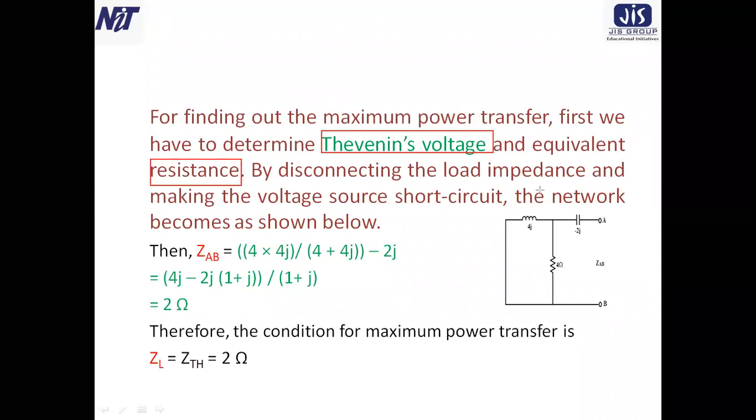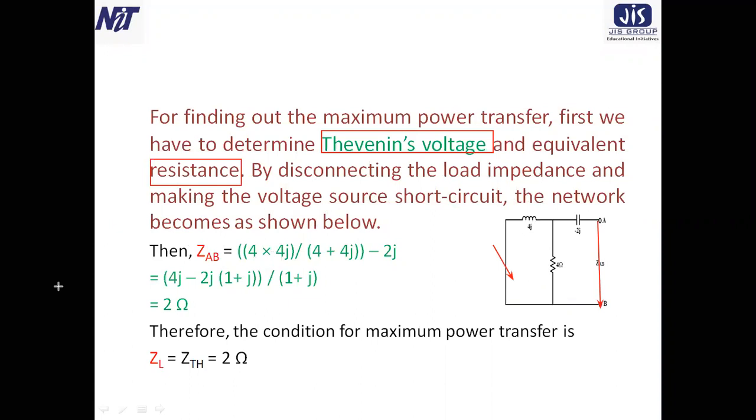ZL was connected in this section. So we remove it, disconnect the load impedance, and make the voltage source a short circuit. We remove the voltage source and just short the line. That's enough. The network becomes as shown below.